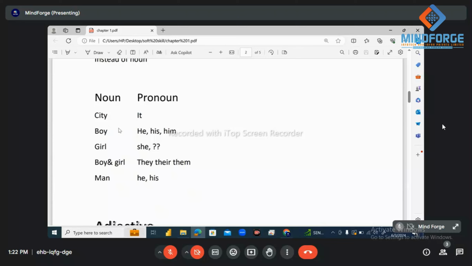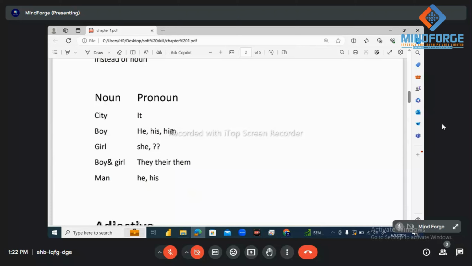Now, next example is boy. If boy is there, what kind of pronoun can you use for the boy? You can use he, his, or him. Okay, for example, he is my good friend, right? His mother is my mother's best friend, right? As you can see, this is how the pronoun is used in sentences.